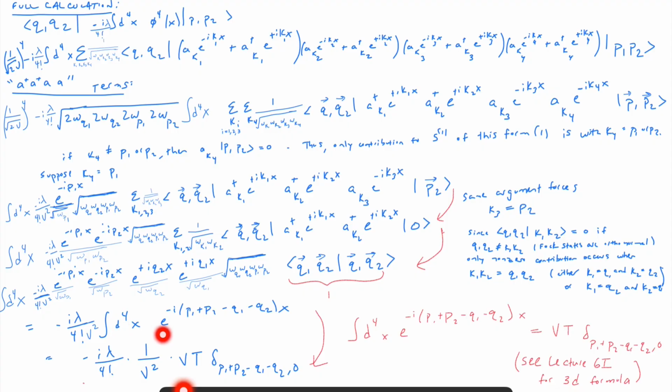And now here's another important part. You may recognize this as something very similar to what we've talked about before. Look at lecture 6i. We talked about it in the three-dimensional form. This is a four-dimensional form. And if you remember from lecture 6i, this thing over here is nothing but the Dirac delta or Kronecker delta function, depending on if you use continuous or discrete representations.